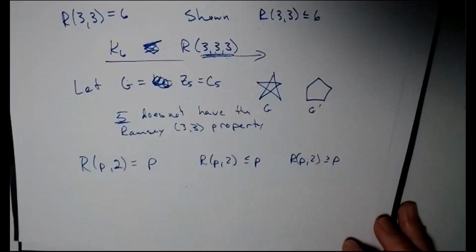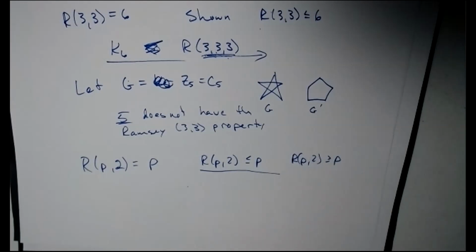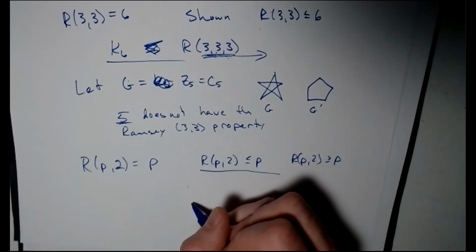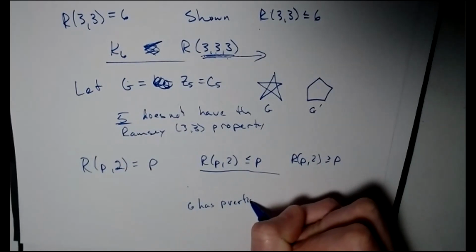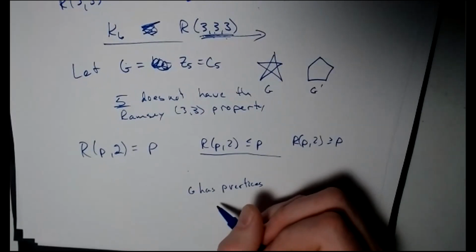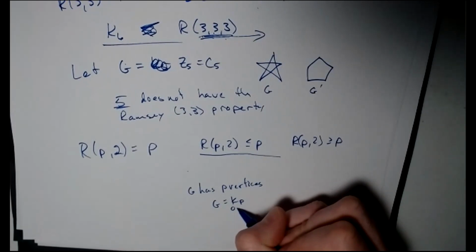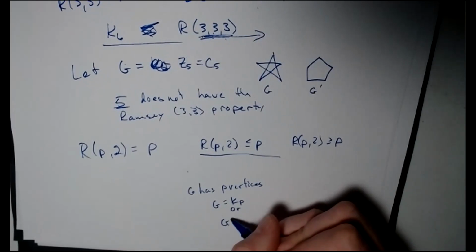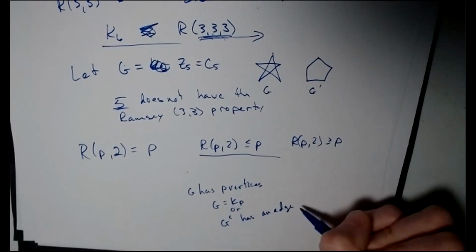It's really easiest to split these into two cases. To get there all in one go is hard. So this is the one that our book shows, and it really makes sense. If G has P vertices, you have two choices. G equals KP, or G complement has an edge.